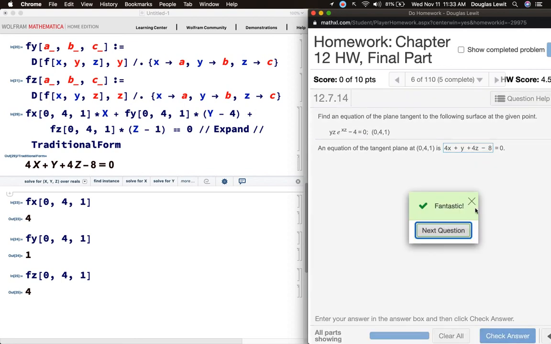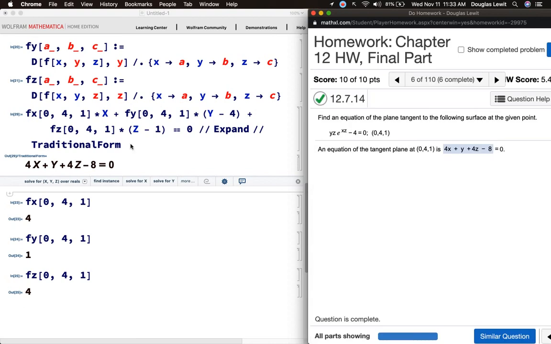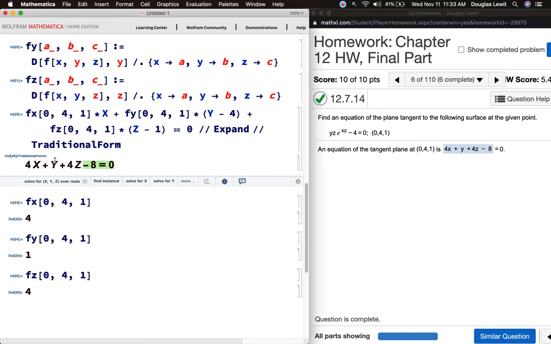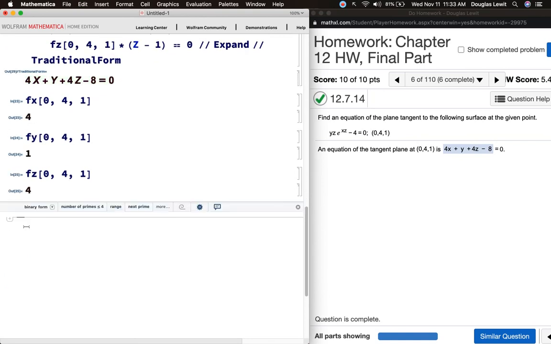Okay? Well, if you wanted to make this more cosmetically attractive, you could copy and paste over here, and then you could do something like that.